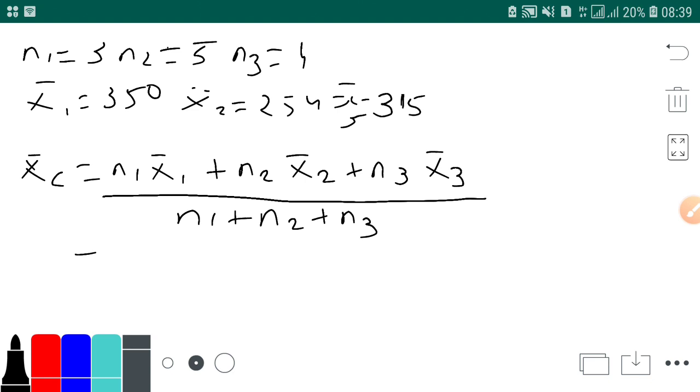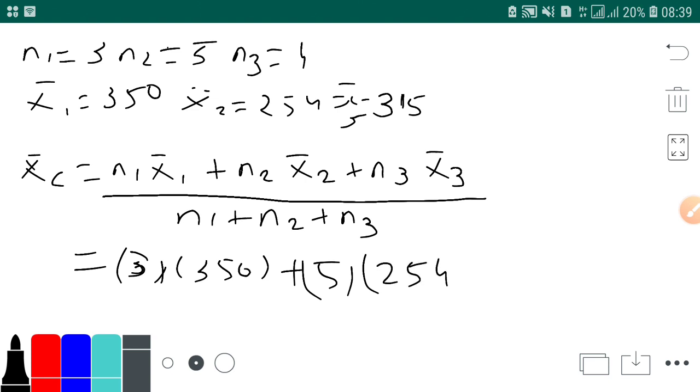Now, as I told you, n1 is 3, x bar 1 is 350, n2 is 5, x bar 2 is 254. You can see from the textbook if it is not visible.